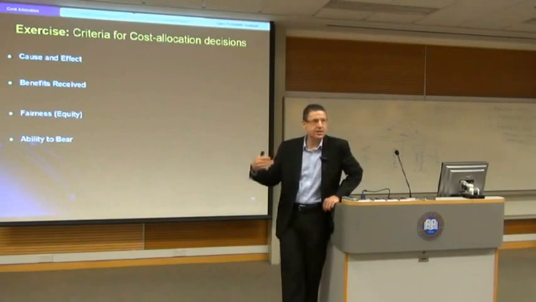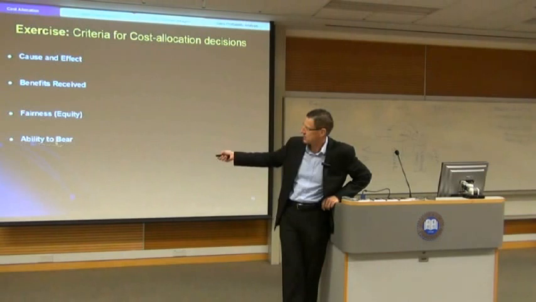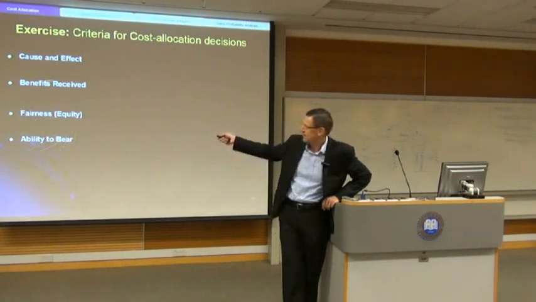The first thing you need to take away here is that they're all related, especially the last three: benefits received, fairness and equity, ability to bear. Fairness and ability to bear are kind of similar, right? Benefits received is kind of similar to cause and effect in some ways.